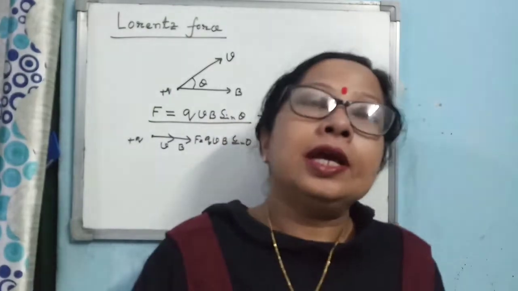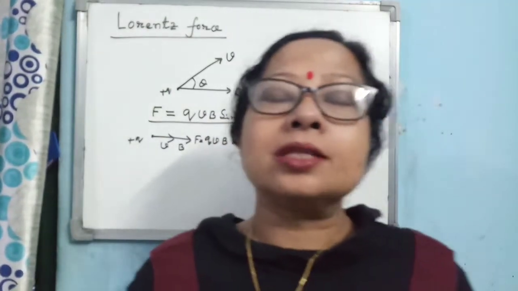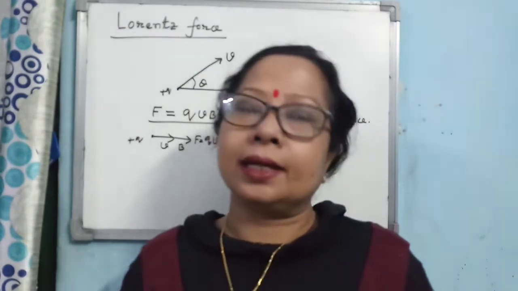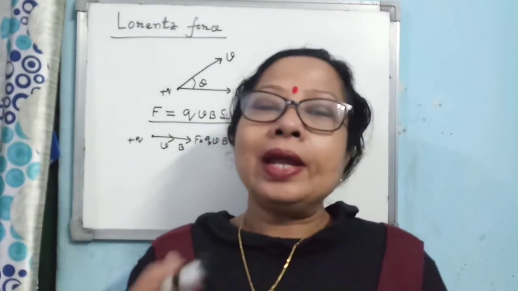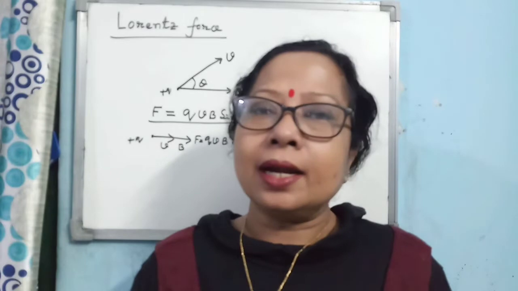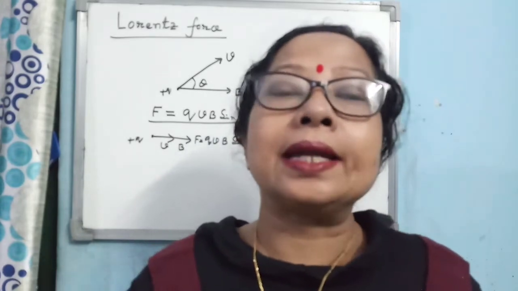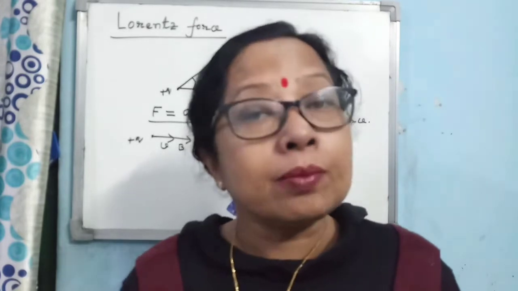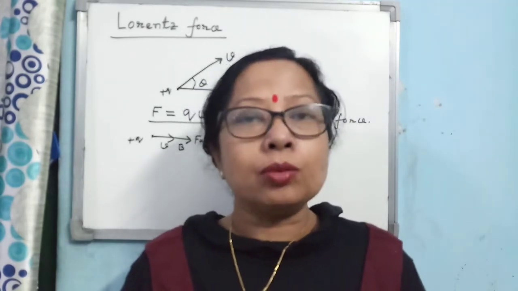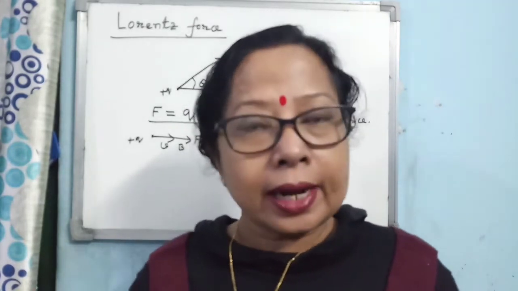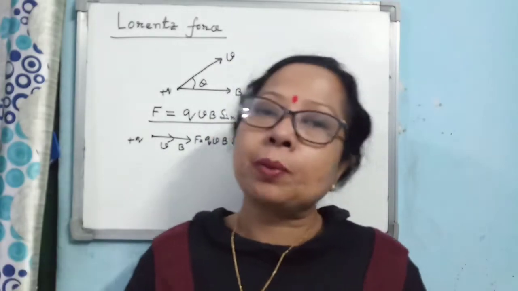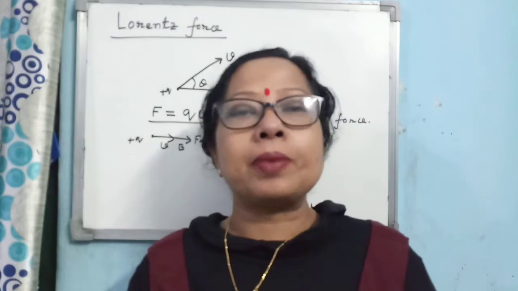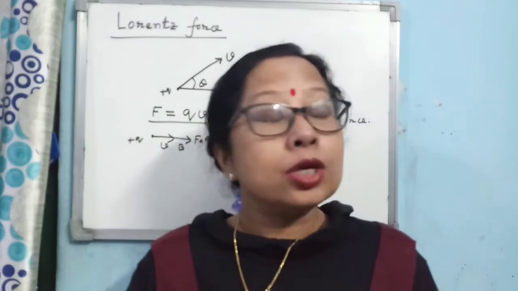Now, if you apply this concept on a force acting on a current carrying conductor, understand it? When a current carrying conductor you are placing in a magnetic field. Now, current carrying conductor, how does the current move through a conductor? When the electron moves within the conductor, or according to our concept of current, the amount of positive charge flowing per unit time is known as the current. So what does it mean?